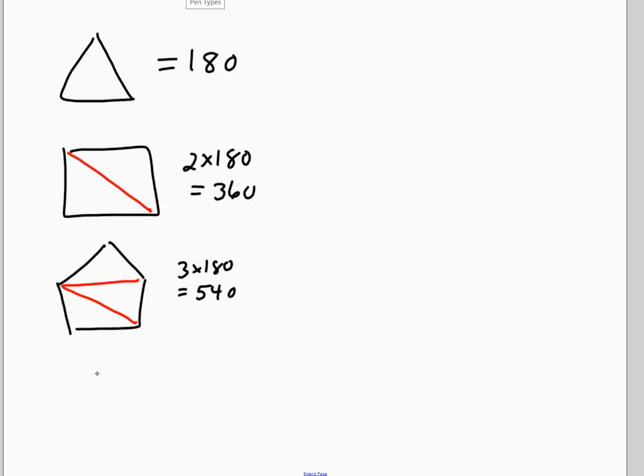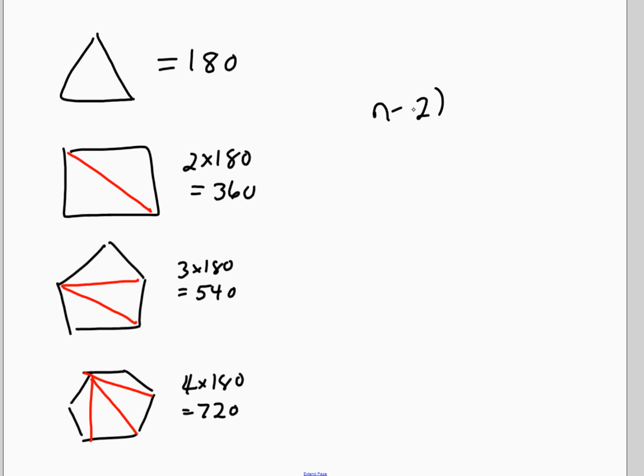So if we do a hexagon, the minimum number of triangles you can form is 4. And so 4 times 180 is 720. And so basically the formula, the n minus 2 part, is actually the minimum number of triangles you can form, and each triangle adds up to 180 degrees. So that's where that came from.